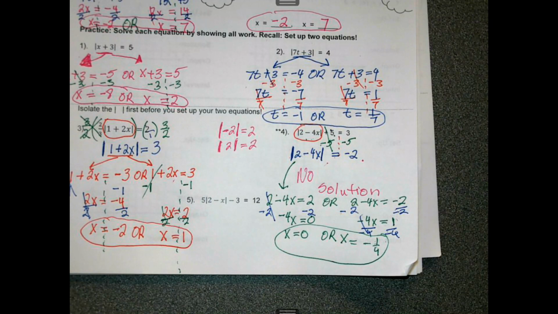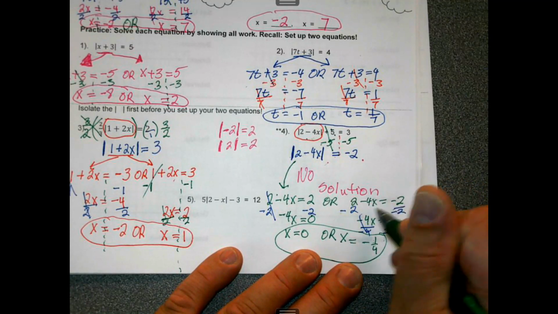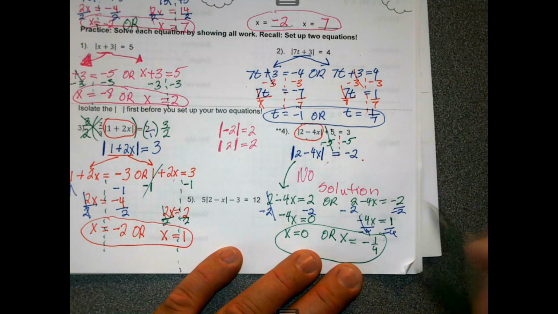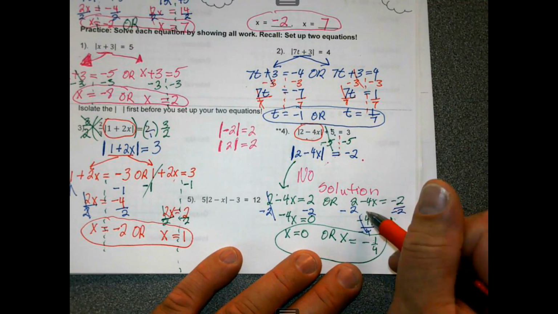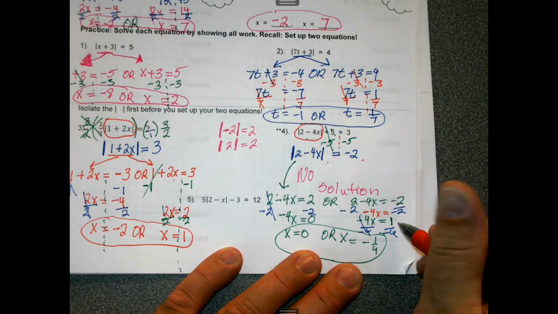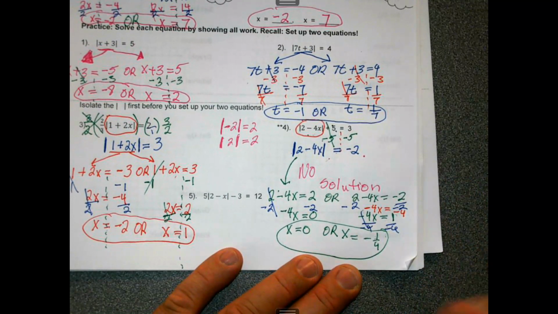Oh, I'm sorry. Yep, you're right. I should have divided. I missed a step, didn't I? I screwed this up. It should be -4x equals -4, right? And then x equals 1.